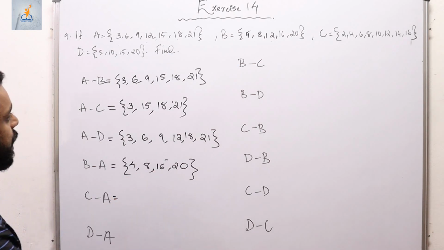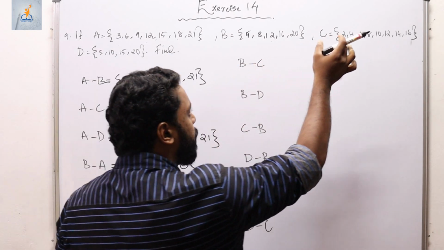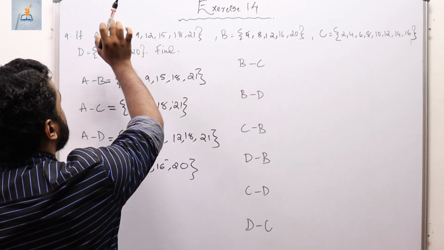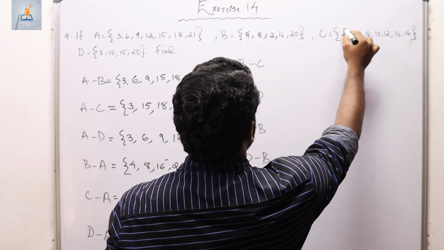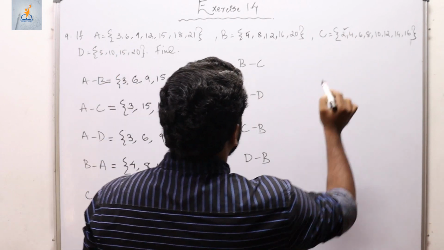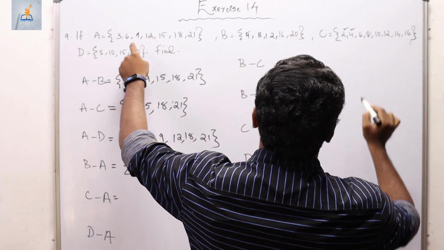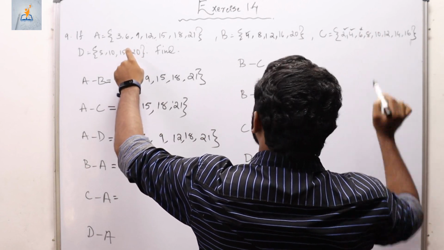Coming on to C minus A, the set of all elements there in C and not in A. We can identify the elements in C. 2 is there in C but not in A. 4 is there in C but not in A. 6 is common to both.